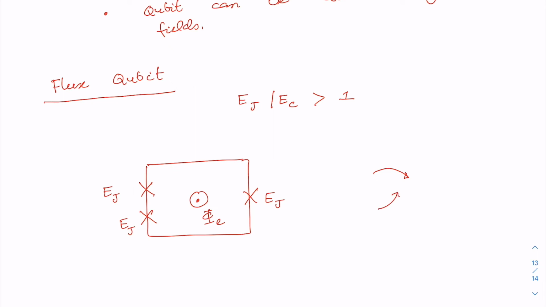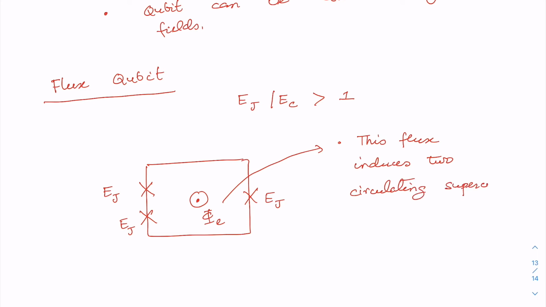Let me write here: this external flux induces two circulating supercurrent states, either in the clockwise or anti-clockwise direction, and this is going to define the qubit.